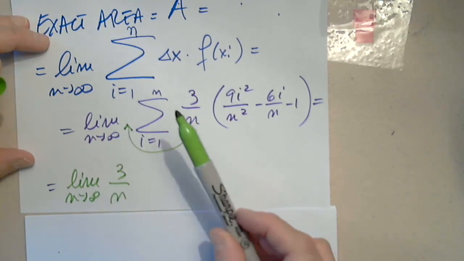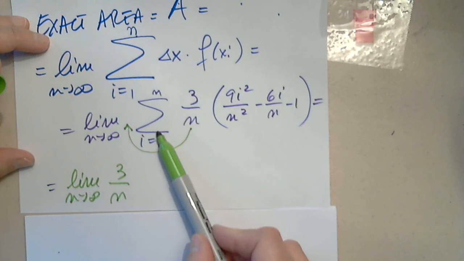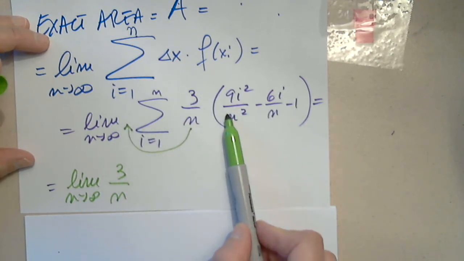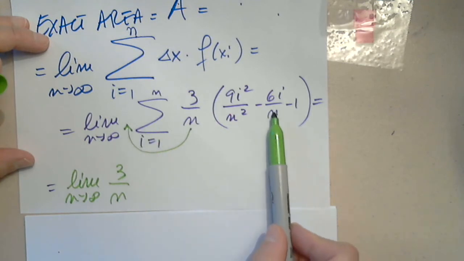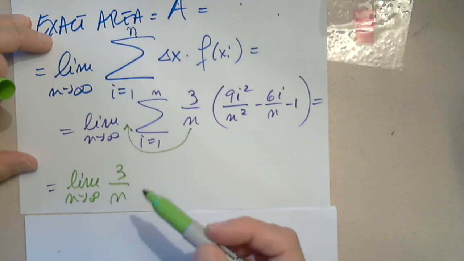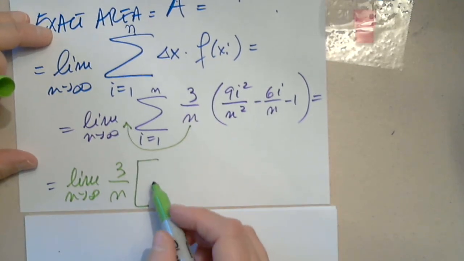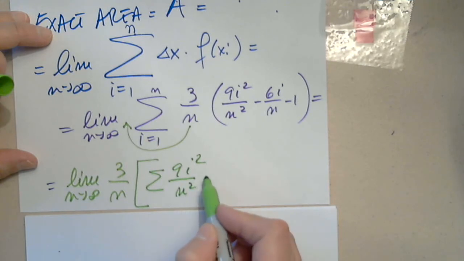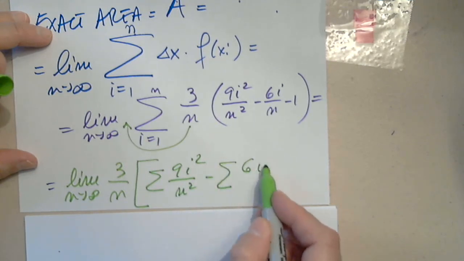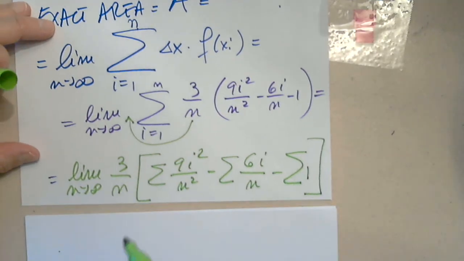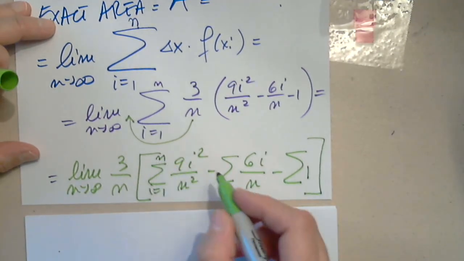There is a second property that I will apply, which is the sum of this minus this minus this is the sum of the first term minus the sum of the second term minus the sum of the last term. We're not distributing. This is just a property. So the sum of 9i squared over n squared minus the sum of 6i over n minus the sum of 1. They're all from i equals 1 through n.